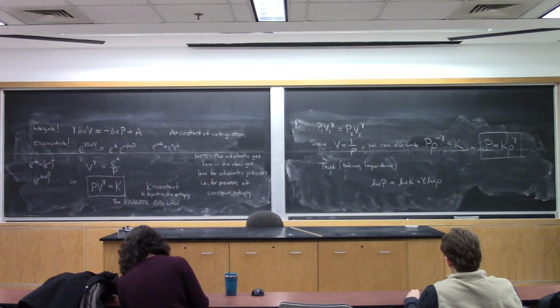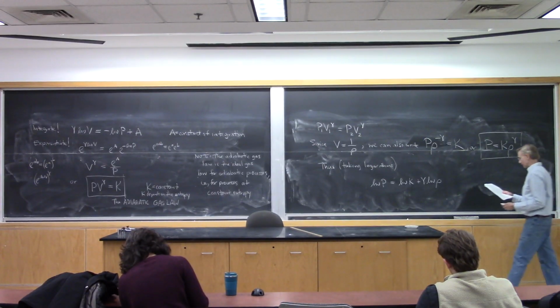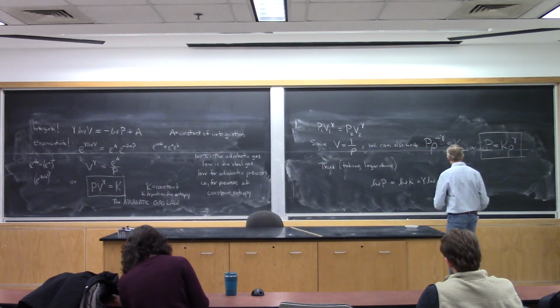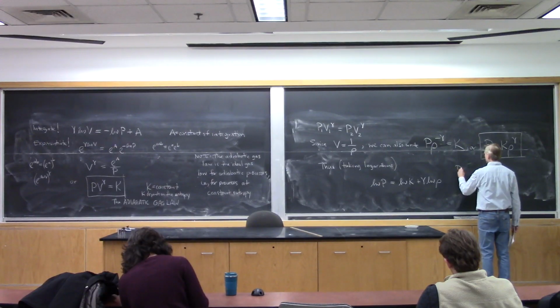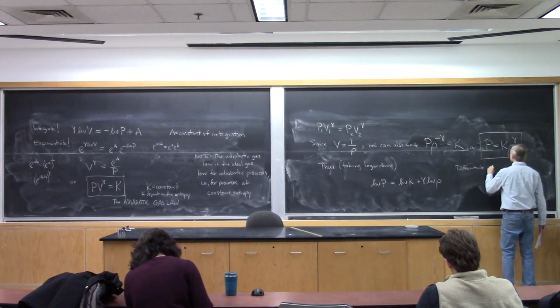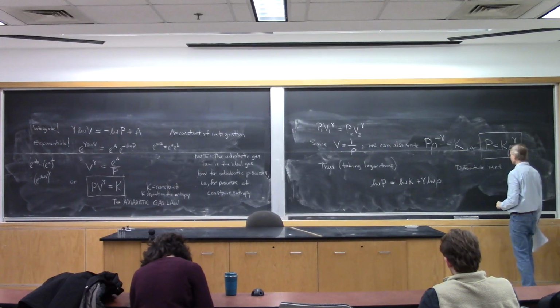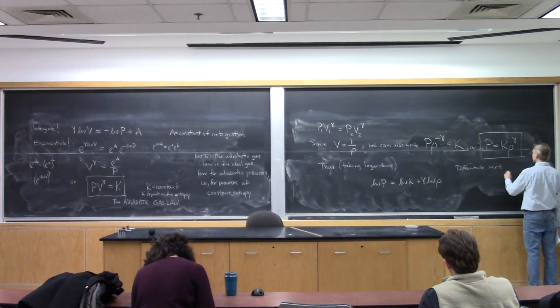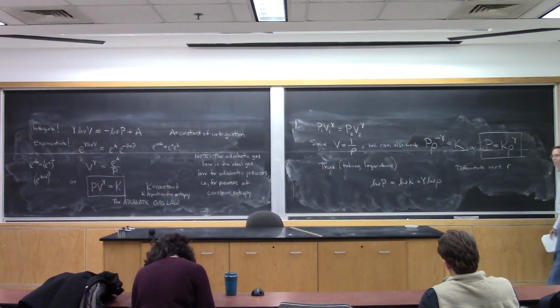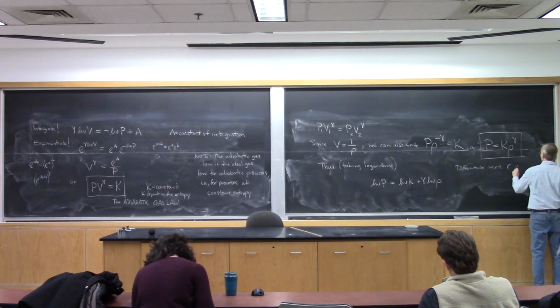Right? Because the log of A to the B is B log A. So the log of rho to the gamma is gamma log rho. So since we're talking about a bubble rising in a star, let's differentiate with respect to R as our bubble rises.